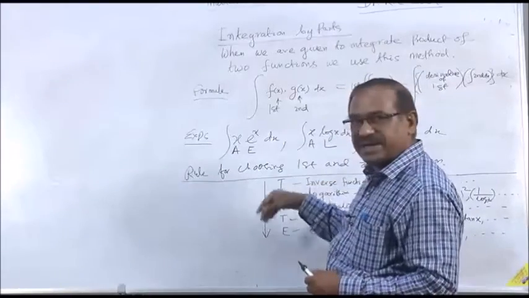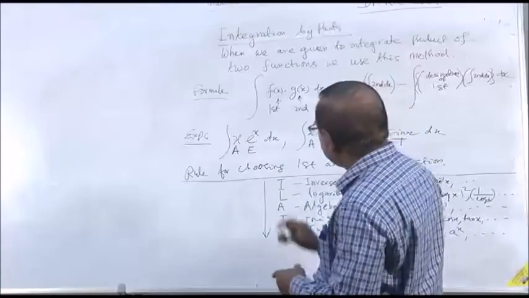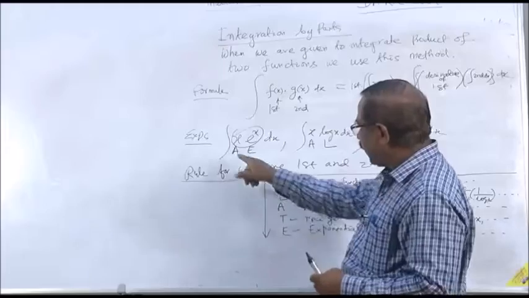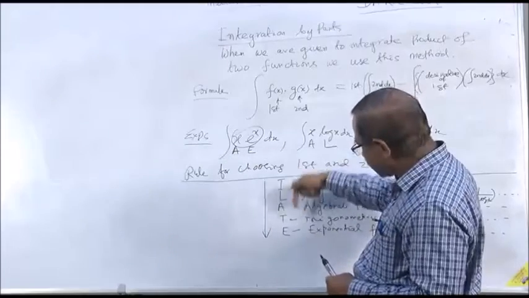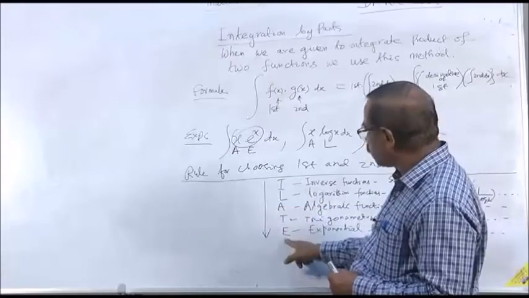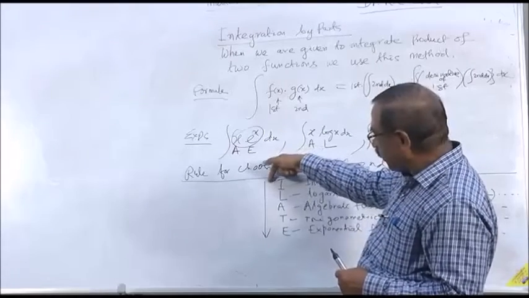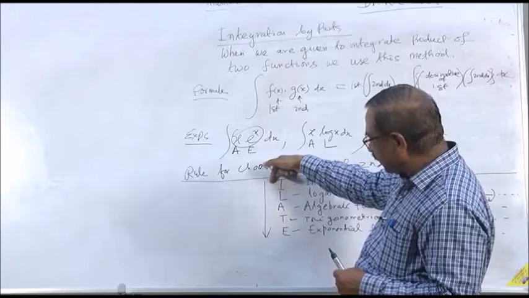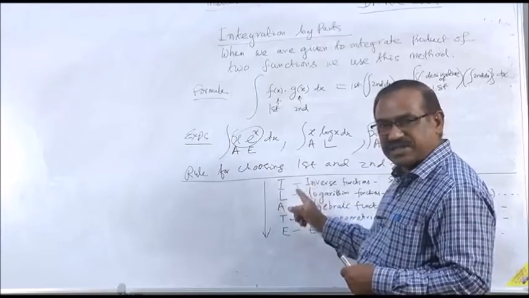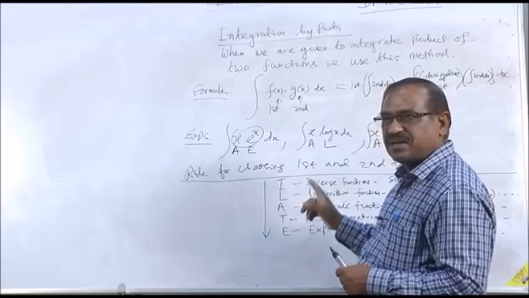That should be taken as the first function. You see, in this question, A is there and E is there. Which comes first? If you go from this side, A comes first, then E comes. So when you are moving along the arrow, whichever function is present first should be taken as the first function.